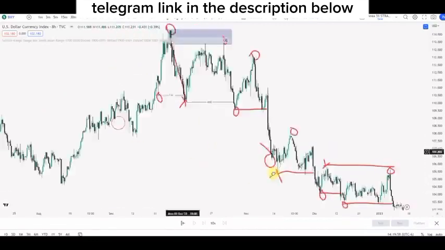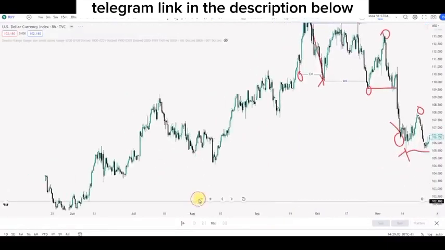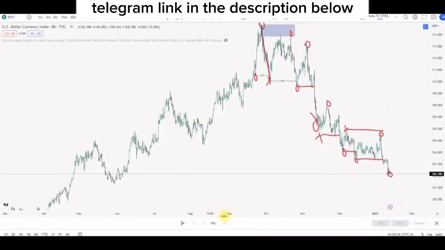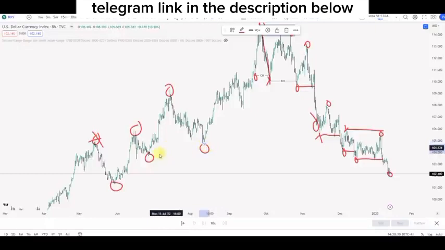When the price is giving you higher highs, higher lows, like here, each high is higher than the previous highs, and each higher low is higher than the previous higher lows.